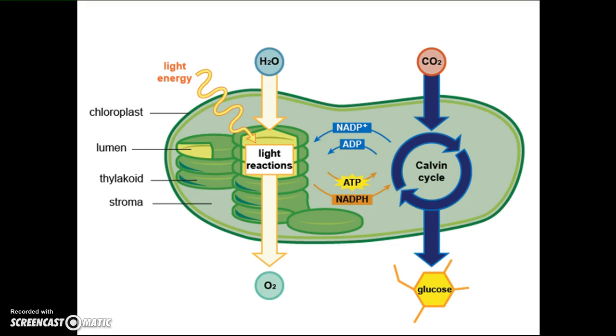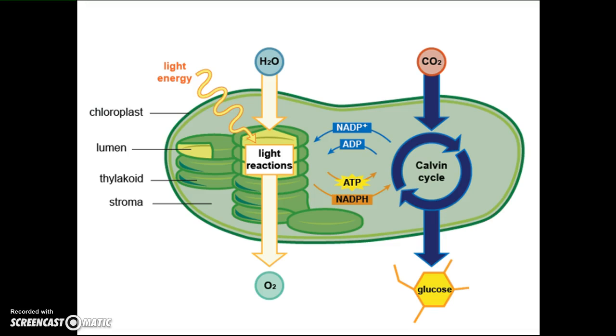You get oxygen gas, which is very, very important, and you get something called ATP. ATP is just raw, very high energy, used to catalyze the next part of photosynthesis.